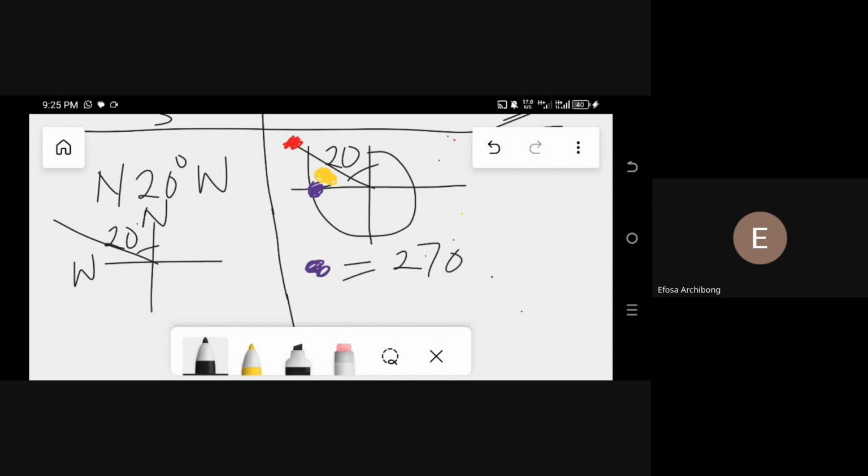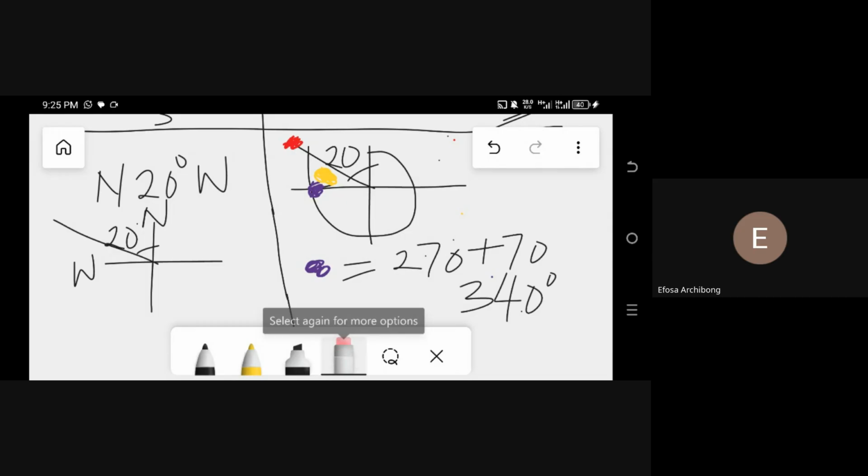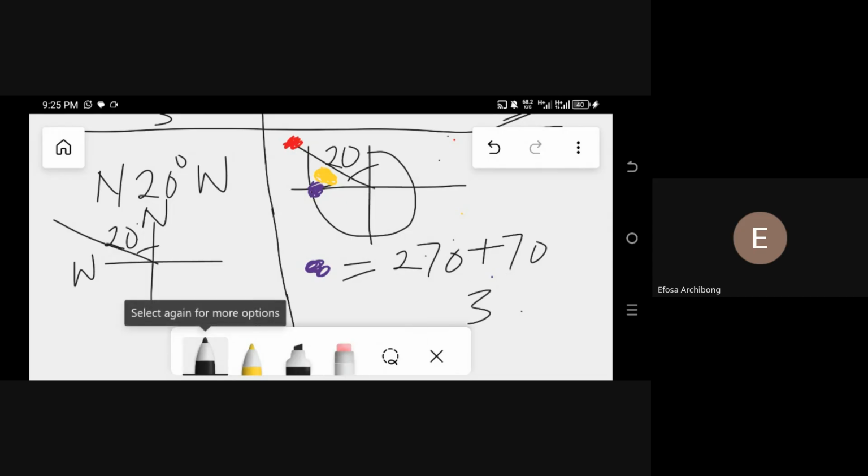That means our three-digit bearing should be 270 plus 70 degrees. That is 270 from the north to the purple plus that extra angle before you get to red, which is 70 degrees. And then the result here would be 340 degrees.